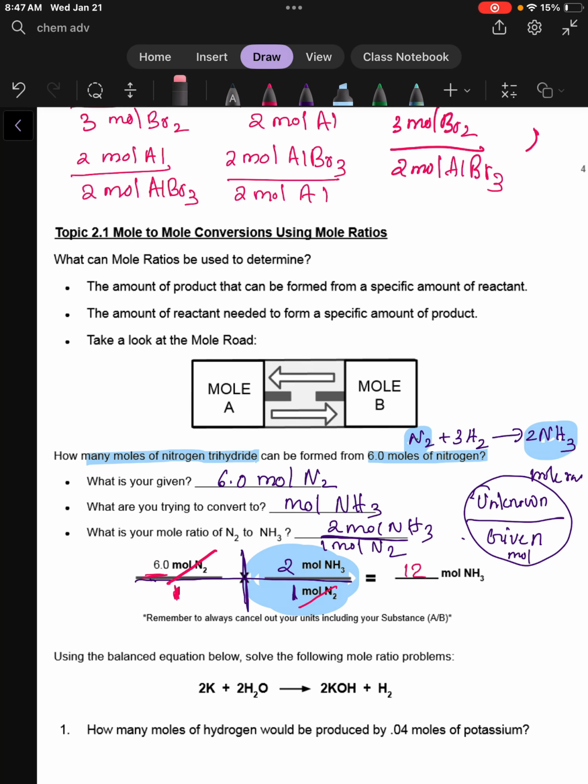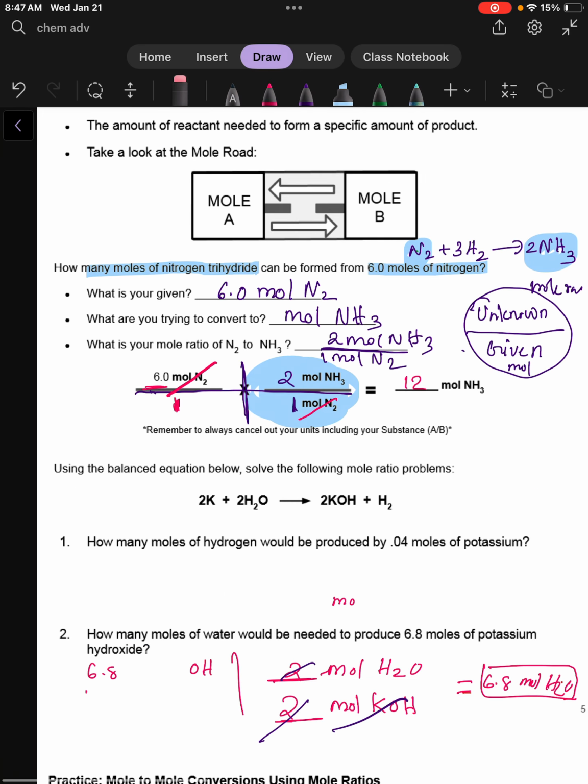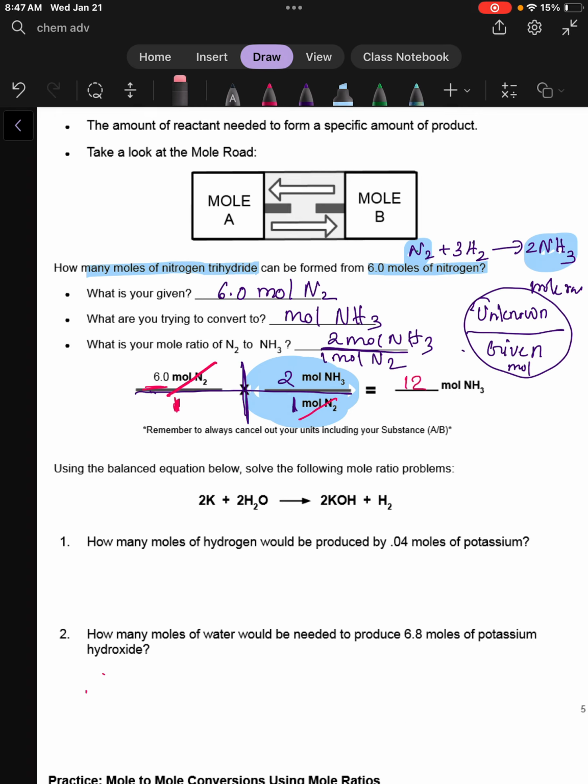Then after that, you can practice. This time we are going to do it directly. So check whether the equation is balanced. That is the first step. This is balanced. And the given is this. So we'll start the T chart from the given, which is 0.04 moles of potassium.